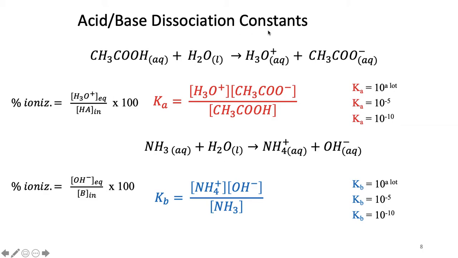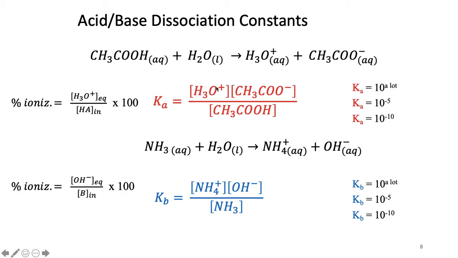These are equilibrium constants, just like the ones that we talked about in chapter 13, but we call them acid-base dissociation constants, or your book likes to call them ionization constants, and they have the same idea as an equilibrium constant, and they're written the same exact way as an equilibrium constant.